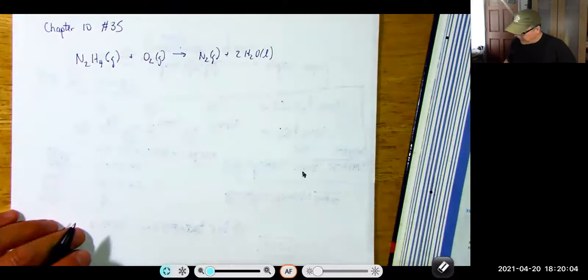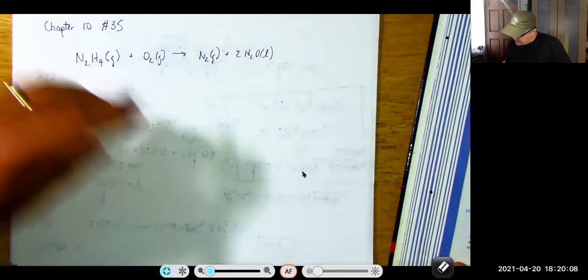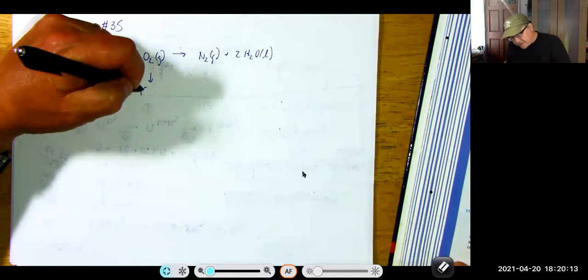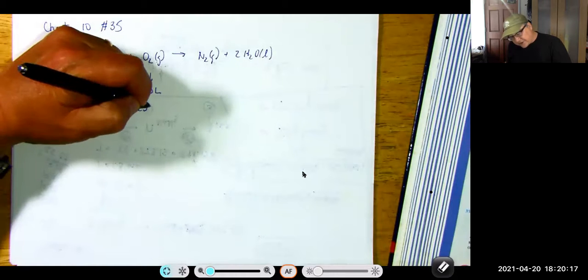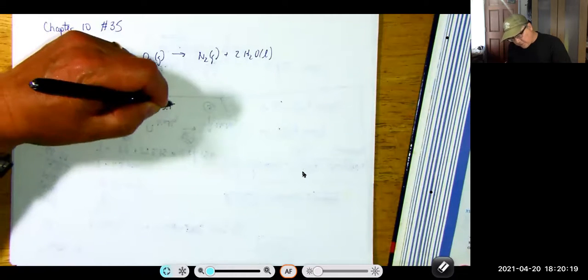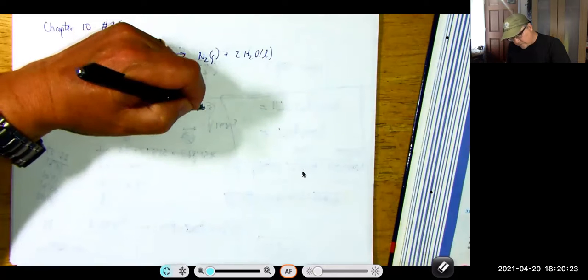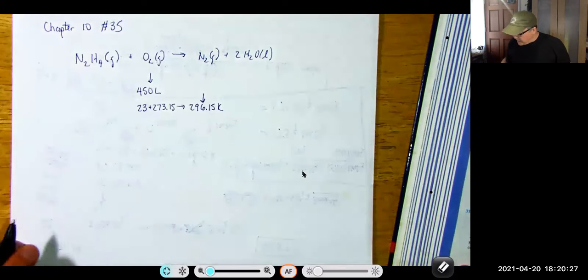Okay, so we've got the O2 is in a 450 liter tank. It's at 23 degrees Celsius. And of course, we want to convert that to Kelvin right away. Let's see.